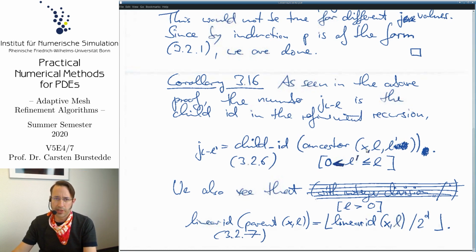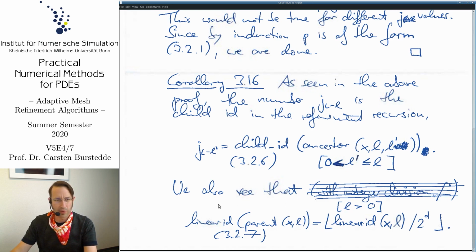So the ancestor of the original element at some equal or higher level, higher level meaning lower L prime, so it's a smaller little L prime, which is higher up the tree if the root is at the top. And then this holds for any L prime, and so we can construct this number for all the L primes from 1 to little l, which means we have a whole bunch of child IDs. So let me keep that in mind for a second.